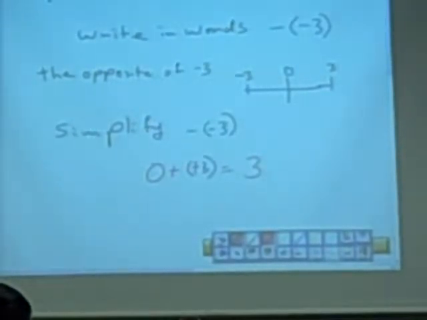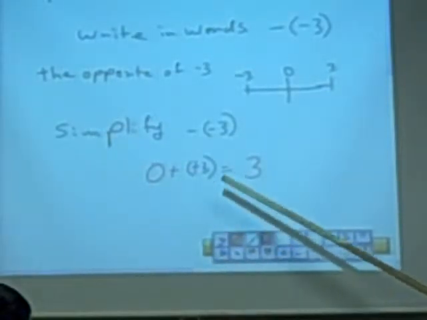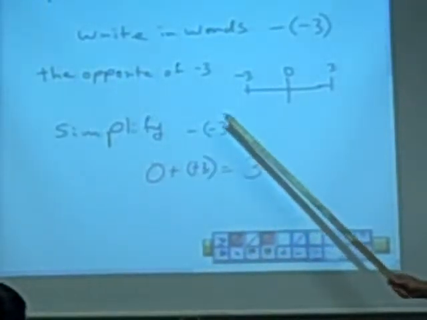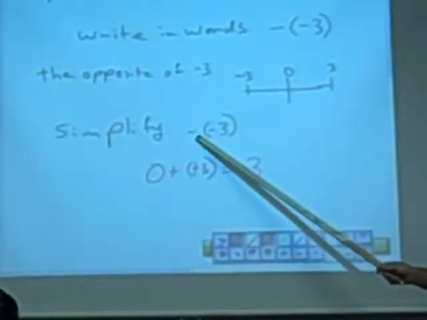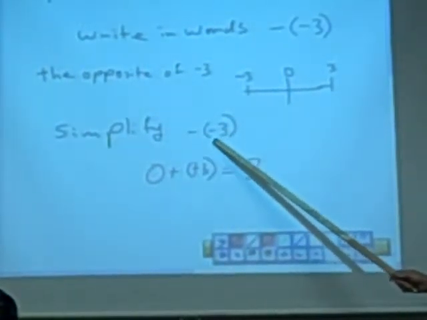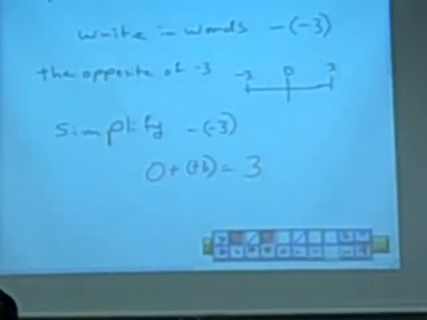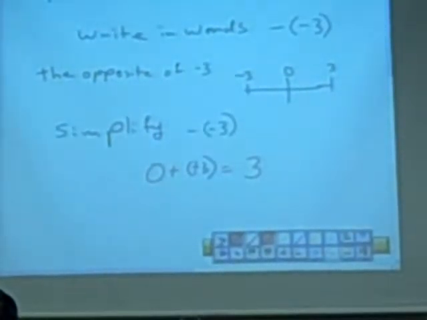The reason it becomes a positive is because we're looking at the opposite. This minus sign is the opposite, which makes this the opposite of a negative 3. Okay?